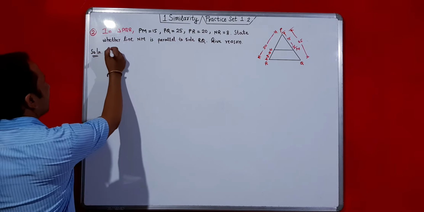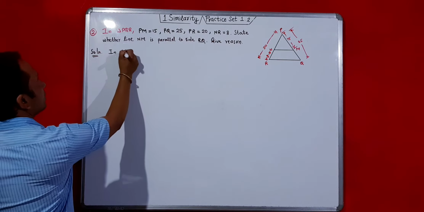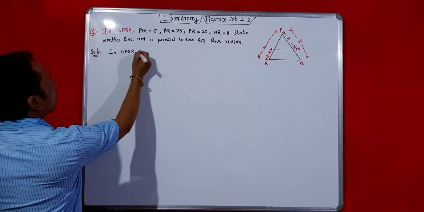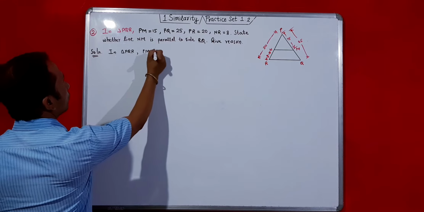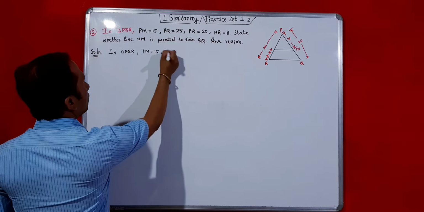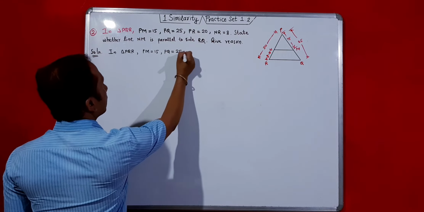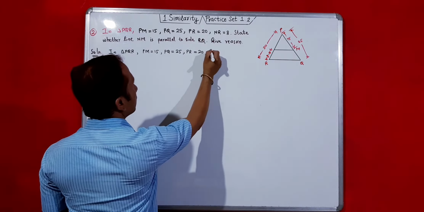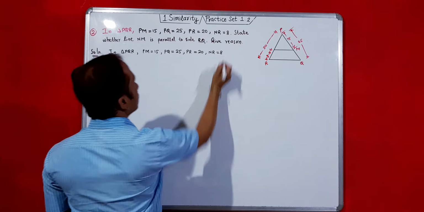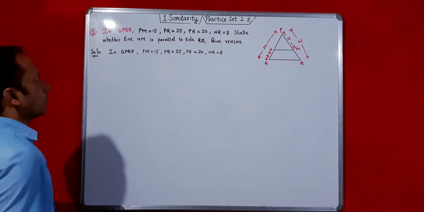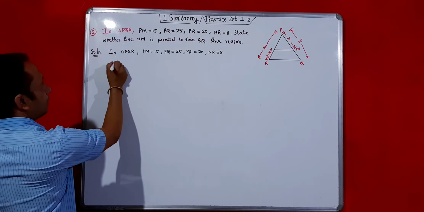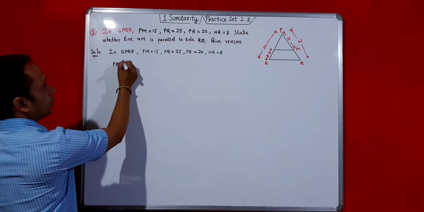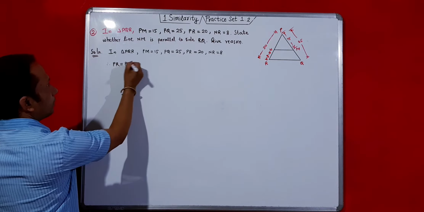First, in triangle PQR, we will write as it is. Given: PM is equal to 15, PQ is equal to 25, PR is equal to 20, and NR is equal to 8. I have just written this here. Therefore we know that PR is equal to PN plus NR.